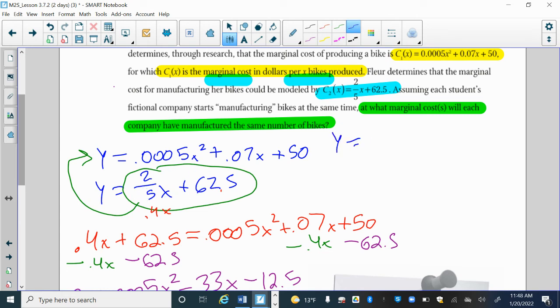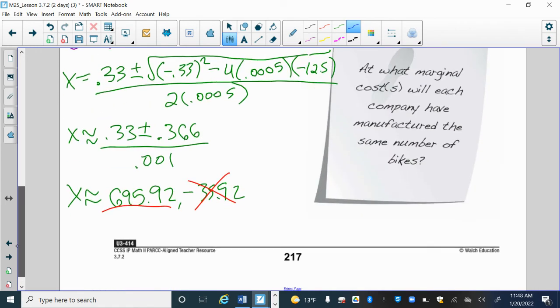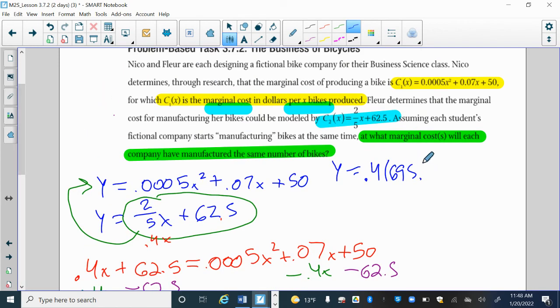I'm going to choose the linear one because that's a lot easier to work with. So 0.4 times 695.92 plus 62.5. I'm still going to use a squiggly equal sign here because we did approximate as we were going.